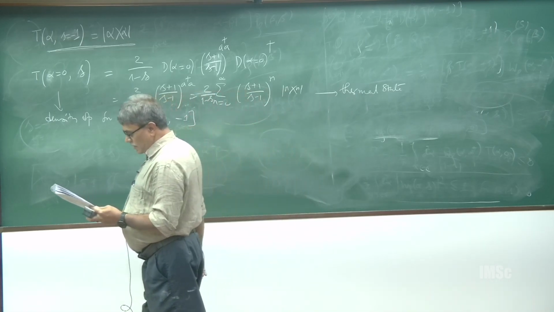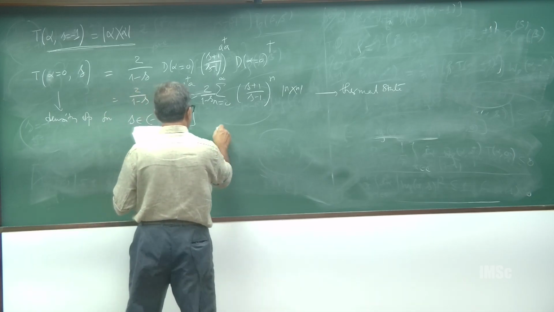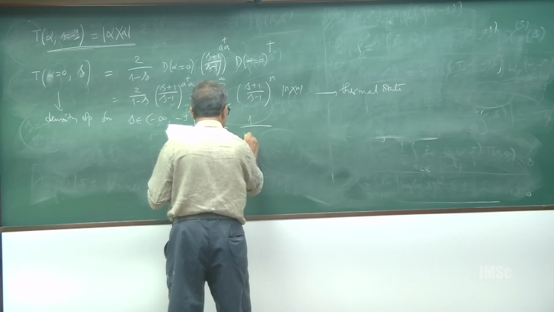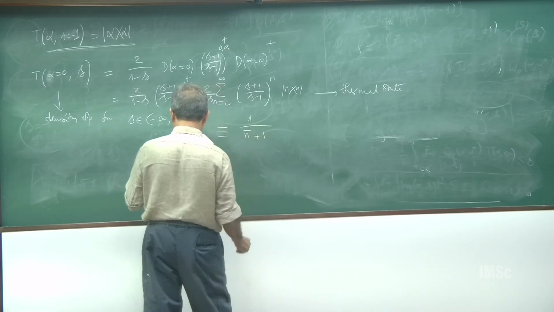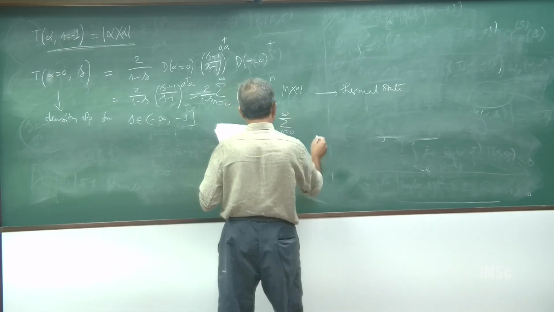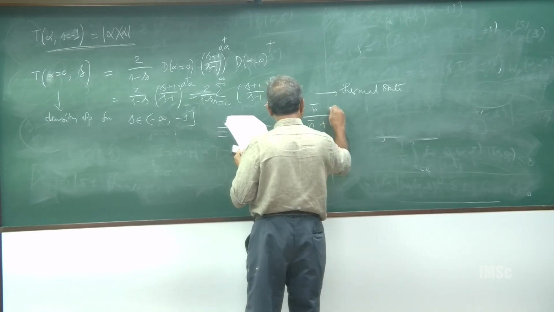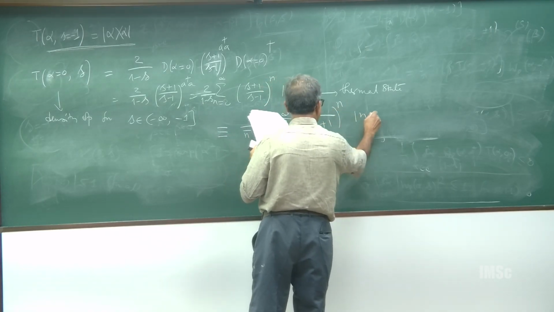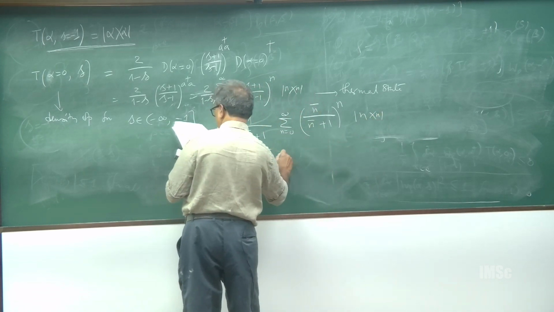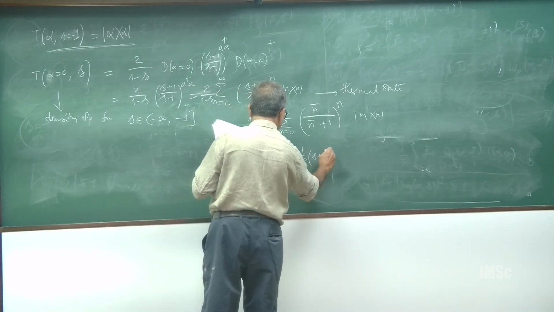And what is that thermal state? Basically, you can write it as 1 upon the average photon number plus 1, sum over n from 0 to infinity of n bar divided by n bar plus 1 whole to the power n, |n><n|, where n bar is equal to minus half of s plus 1.